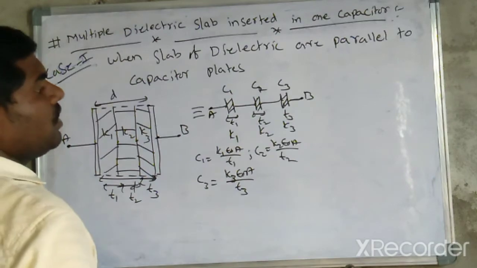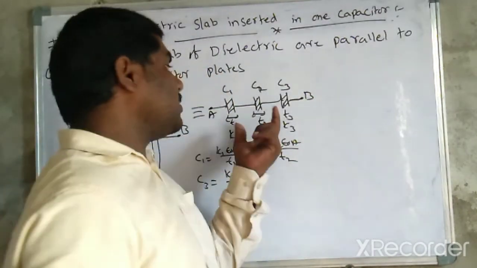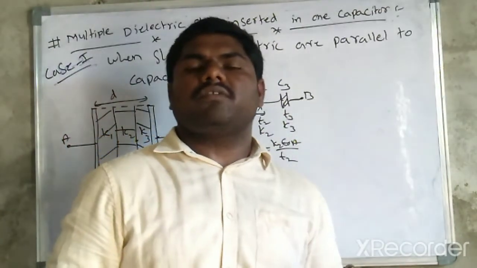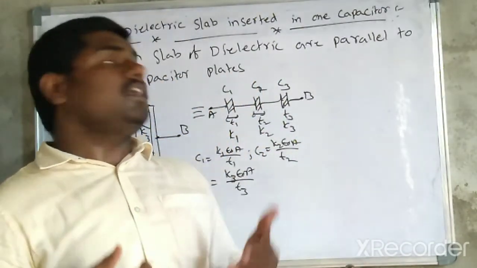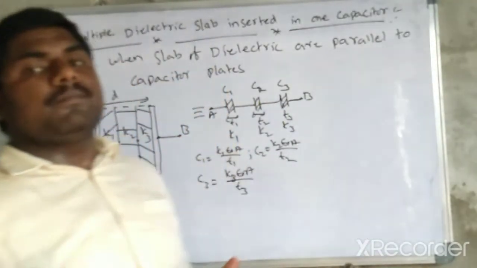For this combination, the equivalent capacitor of three in series: 1 by C between A and B is equal to 1 by C1 plus 1 by C2 plus 1 by C3.